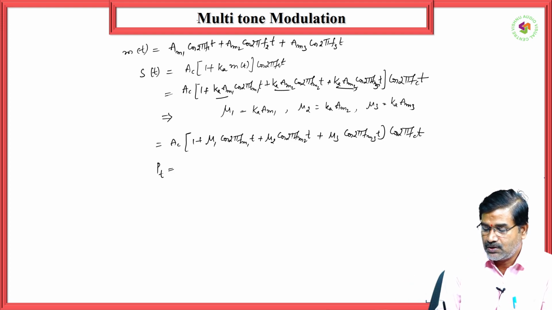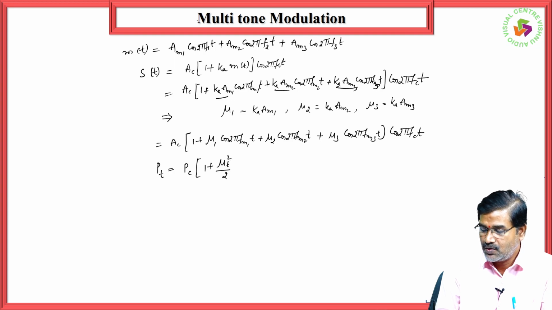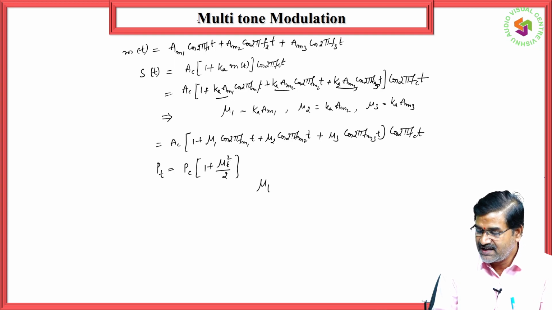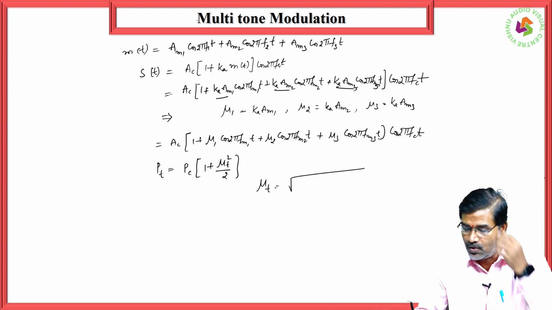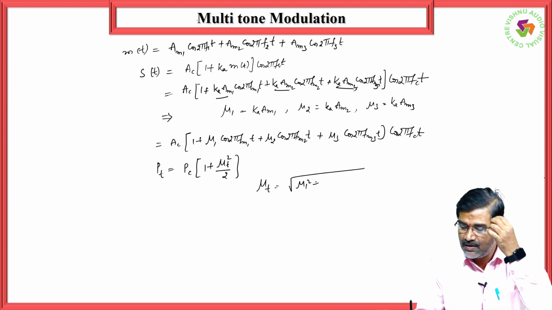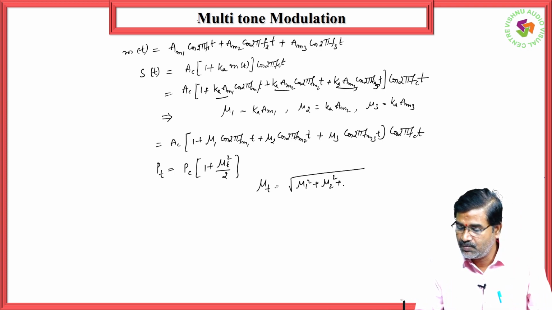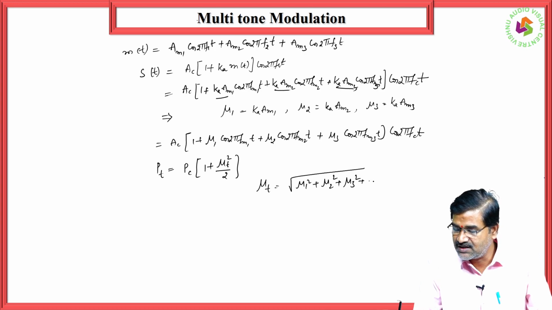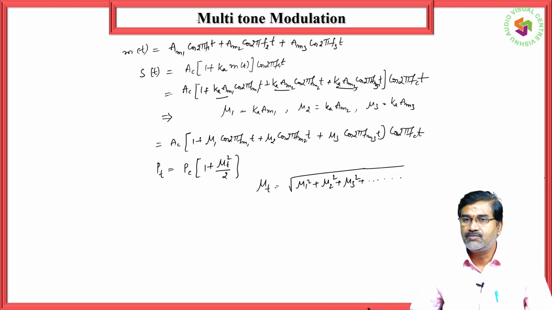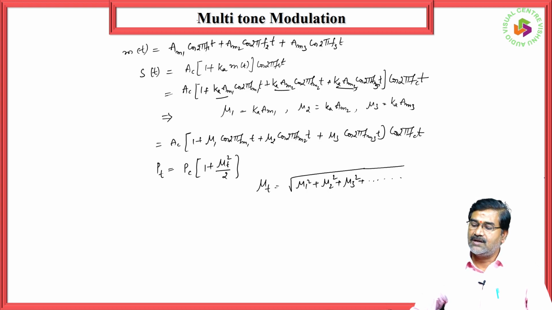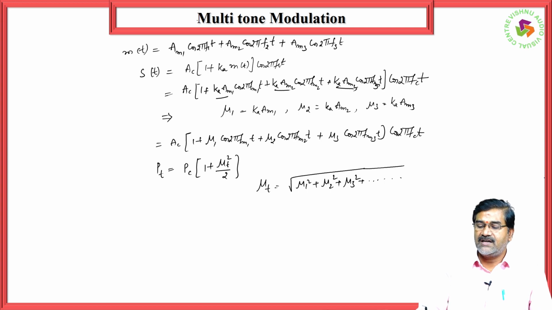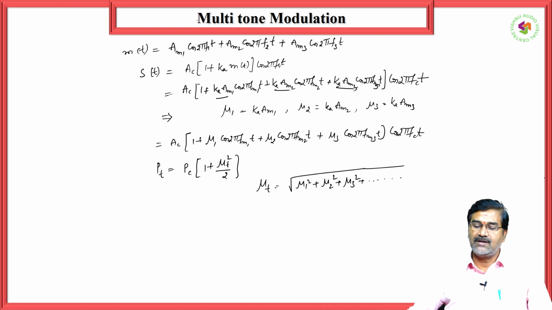The total power can be written as Pc into 1 plus mu t square by 2, where mu t is equal to the square root of mu1 square plus mu2 square plus mu3 square, and so on. For however many tones there are, that many modulation indices will be defined, and you calculate the resultant mu total value and substitute it in the equation.